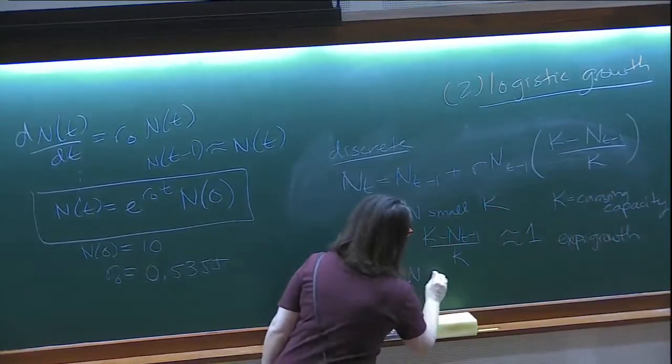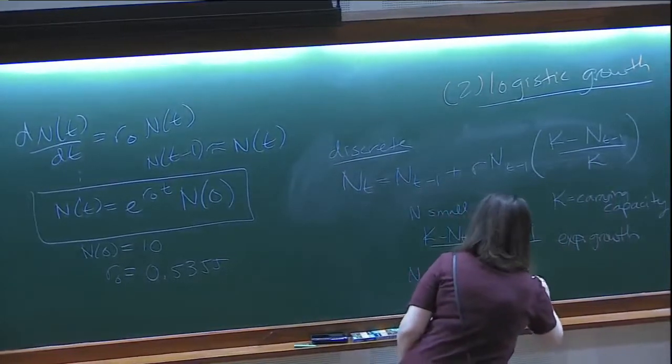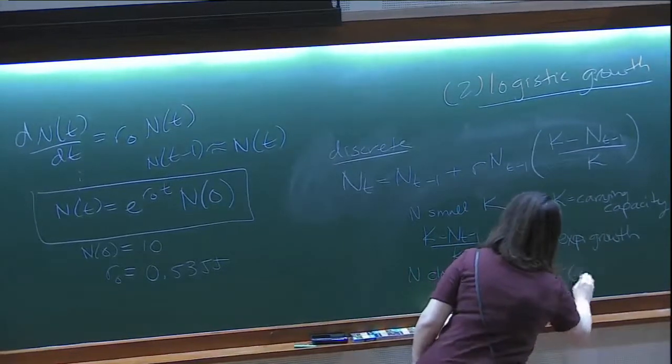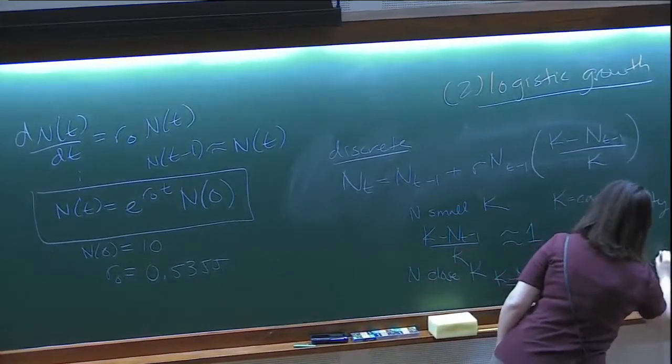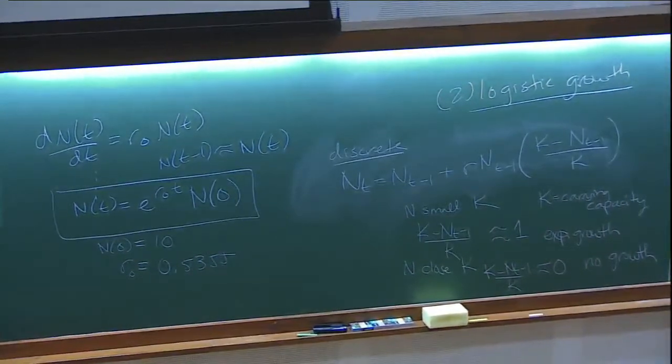But when n is close to k, that term goes to 0, and you get no growth. So that is exactly what we wanted. Because we see when n is small at the beginning, it matches exponential growth very, very well. But when n is large, and you hit whatever the carrying capacity is, there is no growth, and the population size is just going to some constant value, right? So we can also do a continuous time version of that.